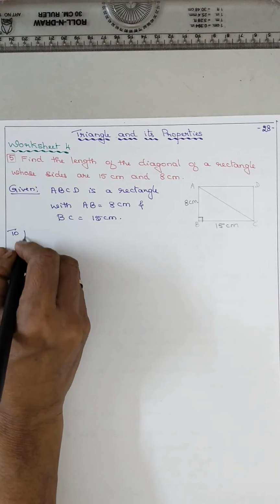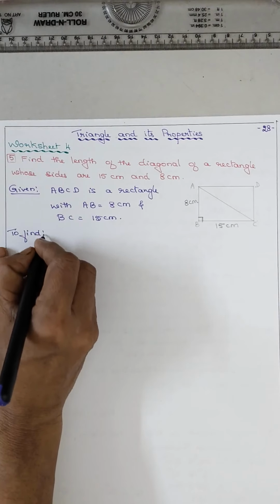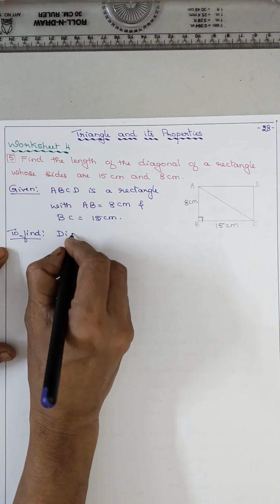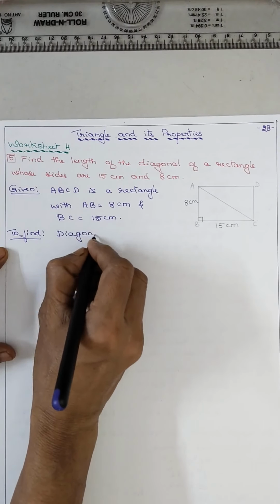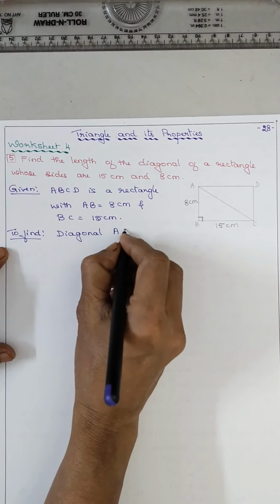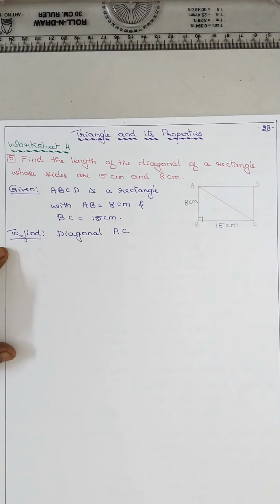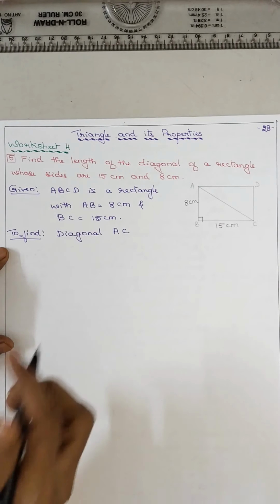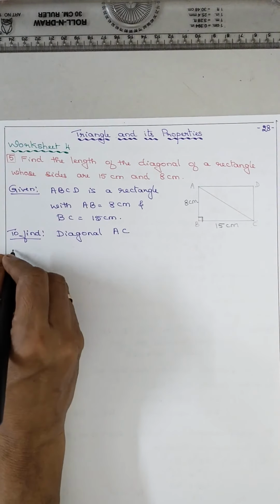Now they have asked you to find the diagonal AC. See, in a rectangle the diagonals are equal. So either you can take AC or BD. It is the same. Value will be the same.